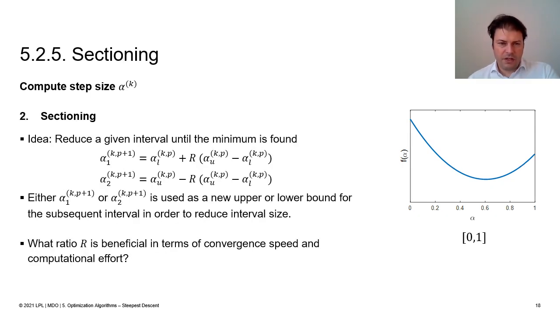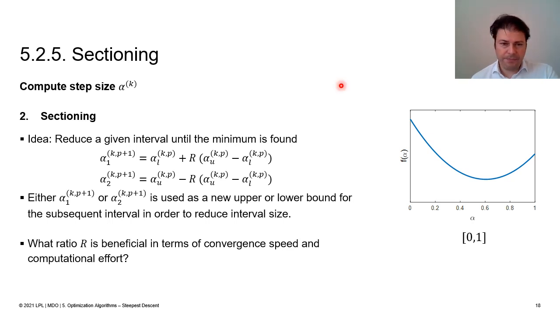When you do sectioning, you reduce the interval of interest that will initially be your bracket by moving the upper and lower limit while keeping the optimum inside.